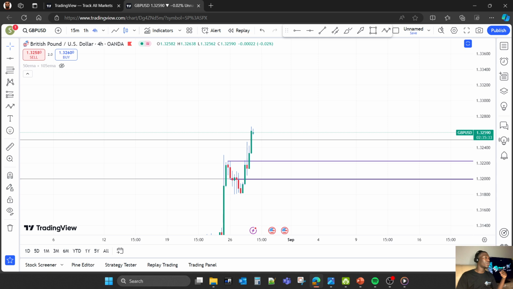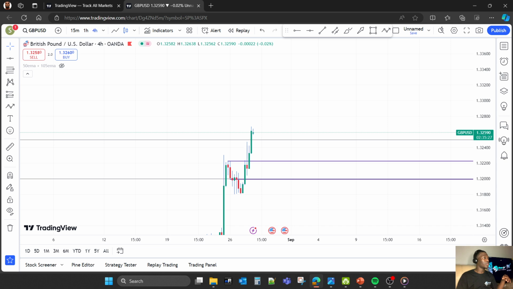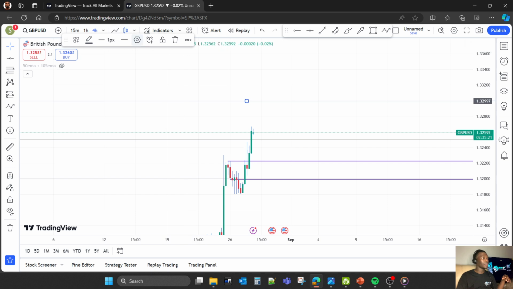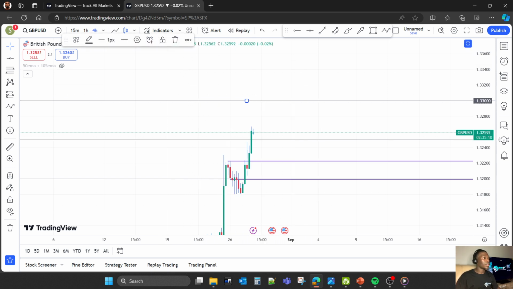After coming from 1.325, now we are going to 1.3300. That's another cycle level, which is somewhere here. 1.3300. Okay, on settings, I try by all means to make them more accurate. That's what I'm doing now, which is part of plotting.